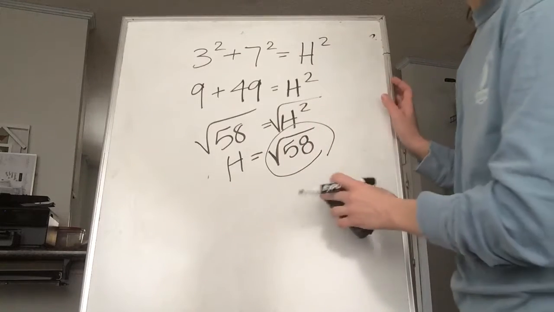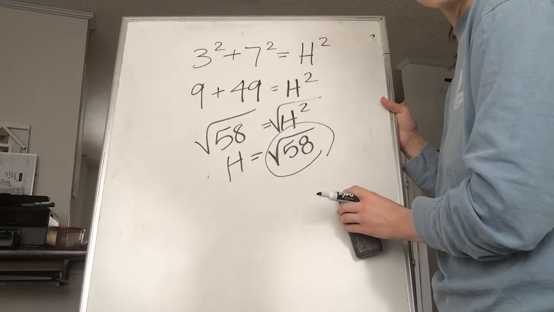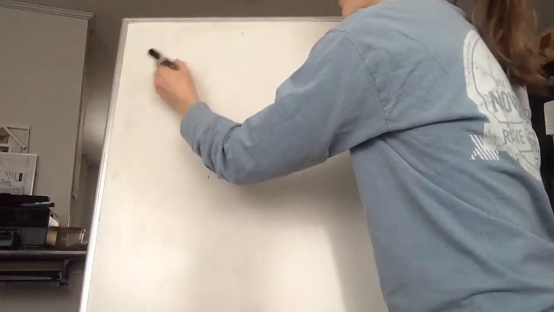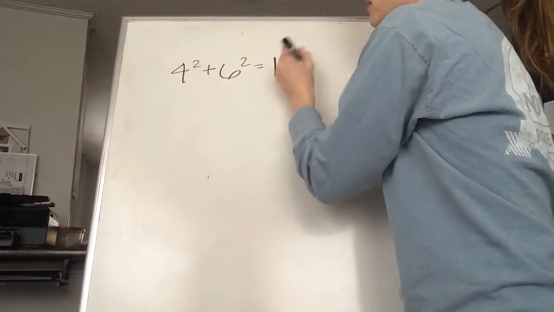Okay, number 6. A right triangle has legs of 4 and 6. What is the length of the hypotenuse in simplest form? So 4 squared plus 6 squared is equal to hypotenuse squared.